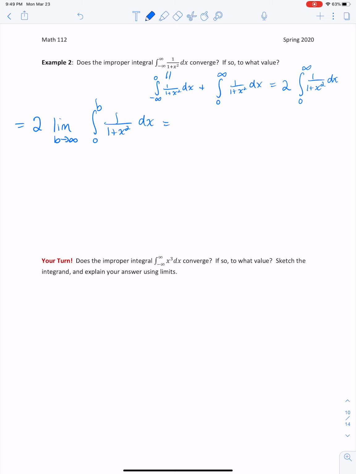And from your gateway preparations, you'll recall that 1 over 1 plus x squared is the derivative of arctangent.